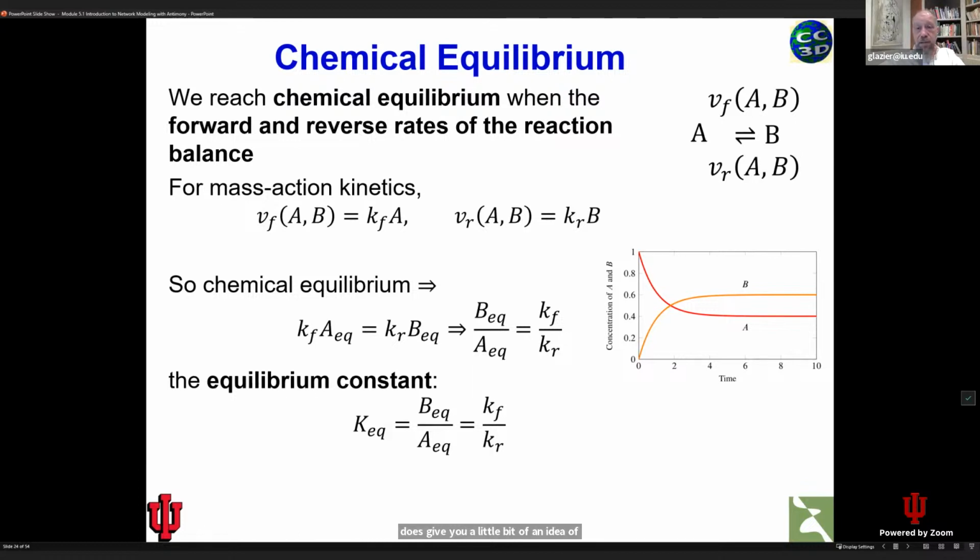One thing you'll find if you look at the literature is that these capital Ks all have different units. The lowercase k's are always molecules per time, which is pretty well behaved. But the uppercase Ks have different units depending on the reaction, so you have to watch out for that.